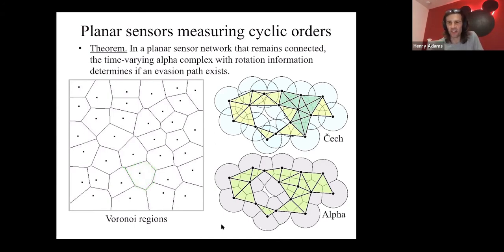Given that we're in the middle of the COVID pandemic, it's worth saying Voronoi regions have a history in public health. So I think it was a cholera outbreak where an epidemiologist or data scientist mapped the wells in the city and then drew these Voronoi regions and also mapped the infections of cholera.